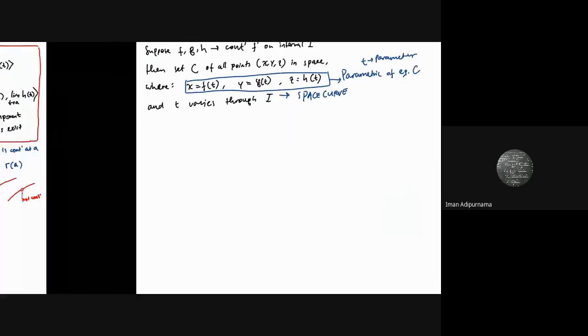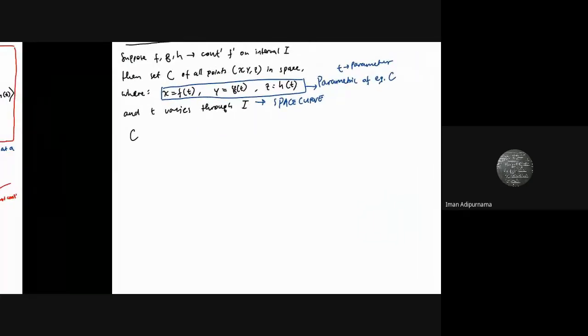So this C, we can think of as a curve that is being traced.